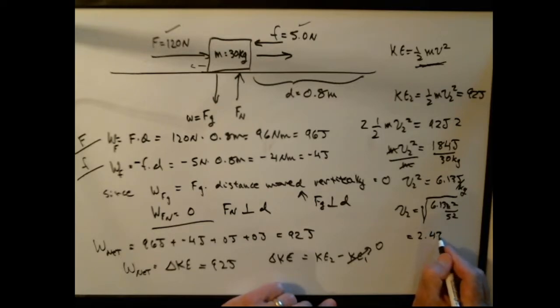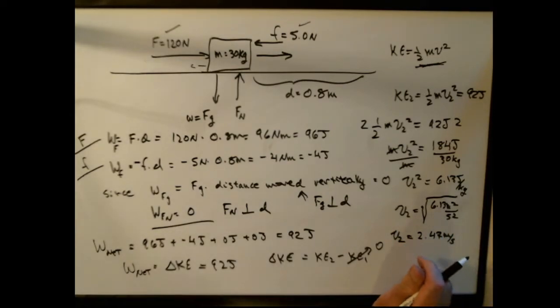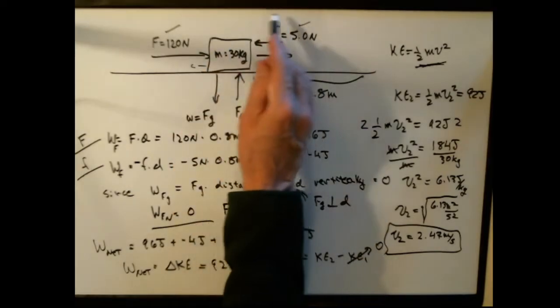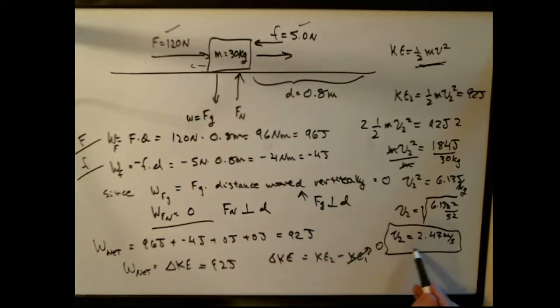Don't hold me to it. It's less than 2.5 for v2. And so when it's acted on by this series of forces over a distance of 0.8 meters, that's what its speed is at the end.